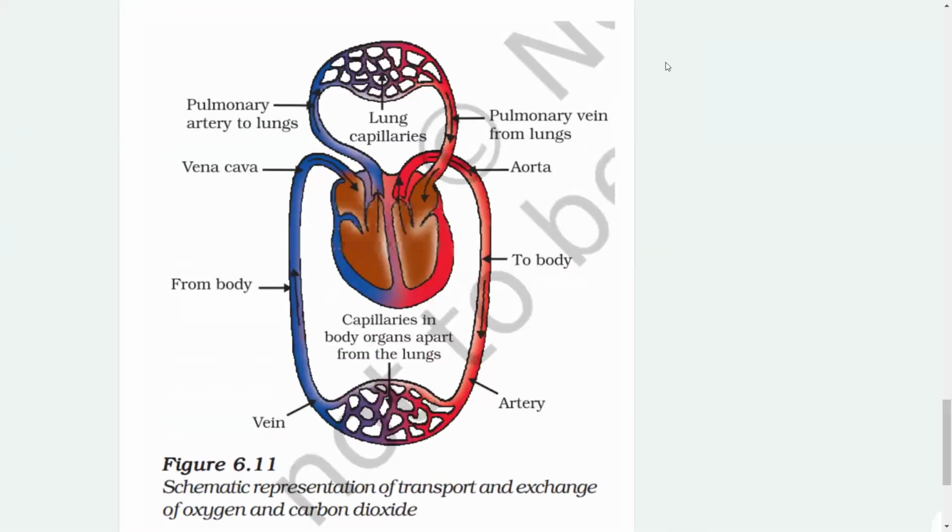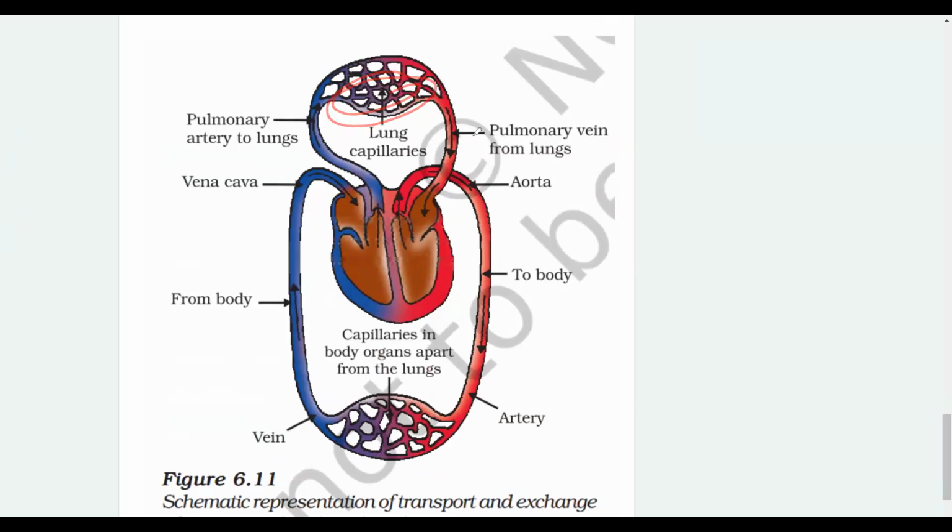If I show you, this is the lung capillaries where the exchange of gases takes place. This is the pulmonary artery, which carries the deoxygenated blood from the heart to the lungs for oxygenation of the blood. And this one is the pulmonary veins, which carry the oxygenated blood from the lungs to the heart.